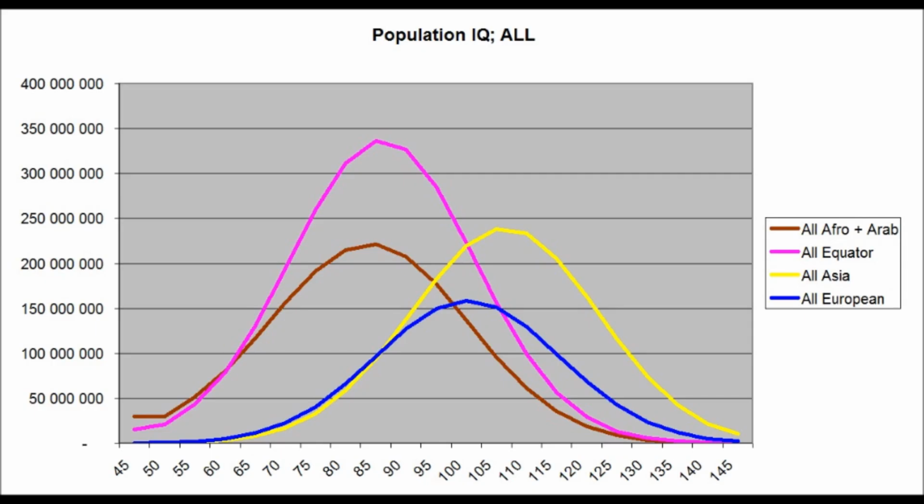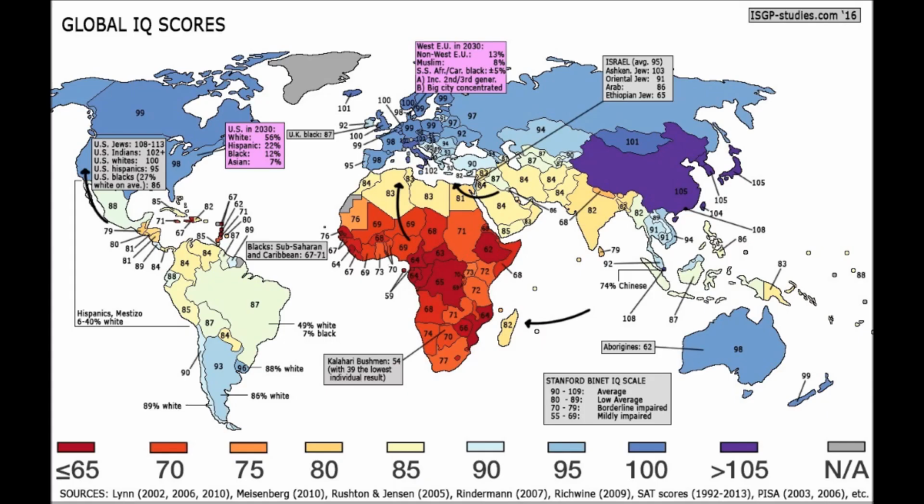I made 4 groups of the whole world. There is this Afro plus Arab, which is basically Africa and the Near East, the Islamic countries. I combined these because their population has a high number of children.